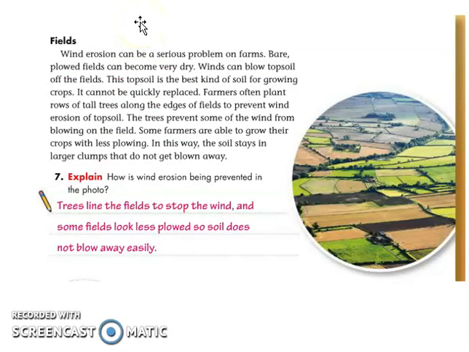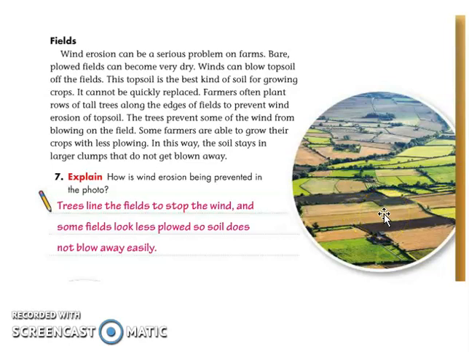Another one, in the fields. Didn't you know that the wind could also bring the dust to the farm? And when that happens, the top good soil, which is good for planting, will be covered by the dust. When that happens, plants will not grow.